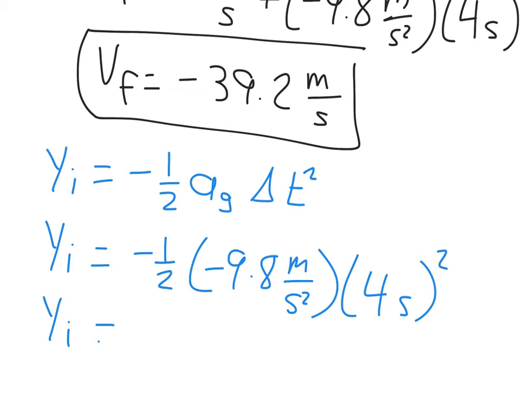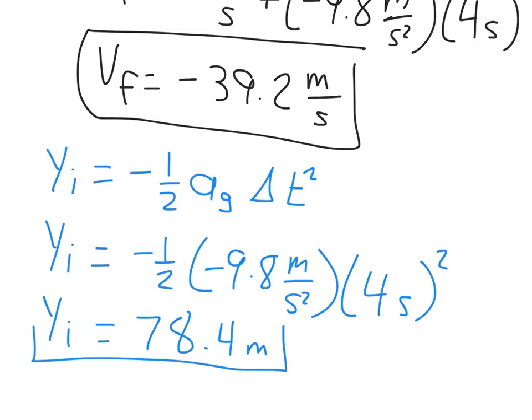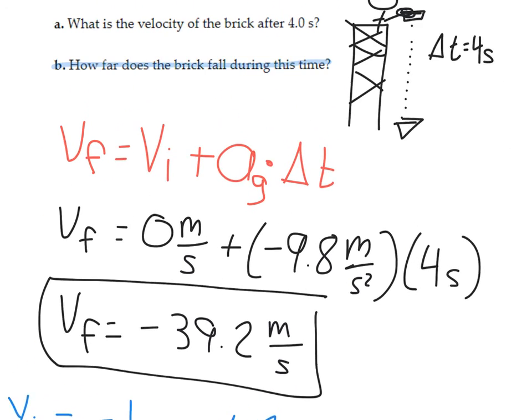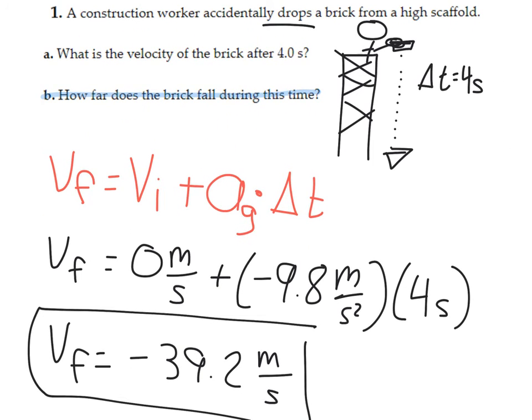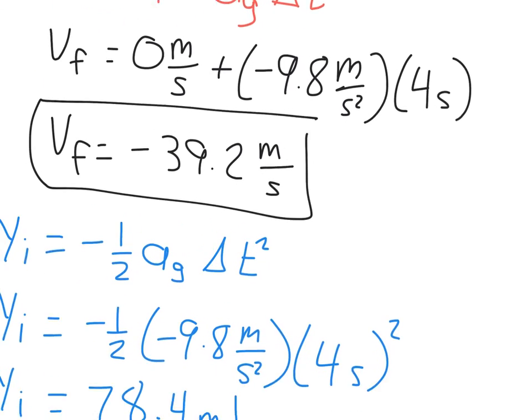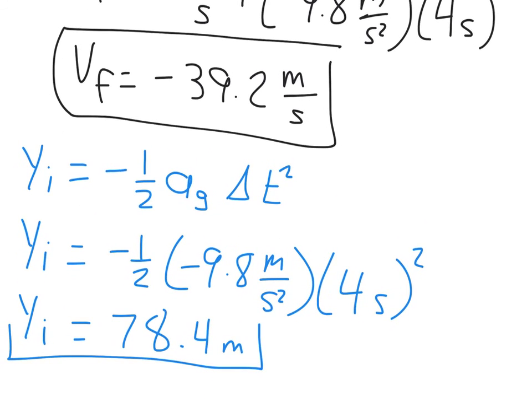So the initial height from which it was dropped is 78.4 meters. This is how far the brick fell during this time. We can assume that it's like calculating the initial height if that object is falling during 4 seconds. So it's basically the same thing.